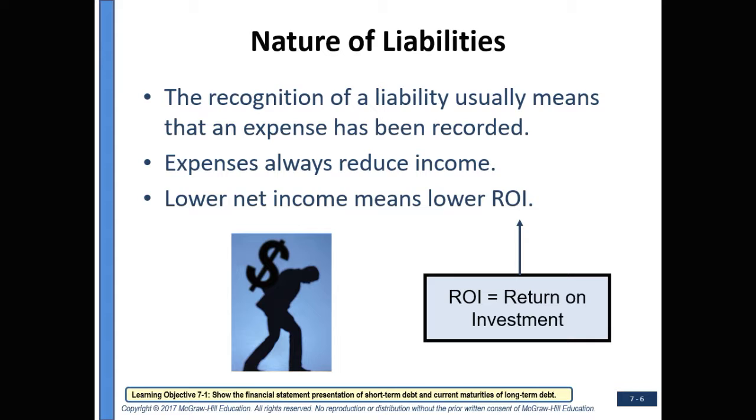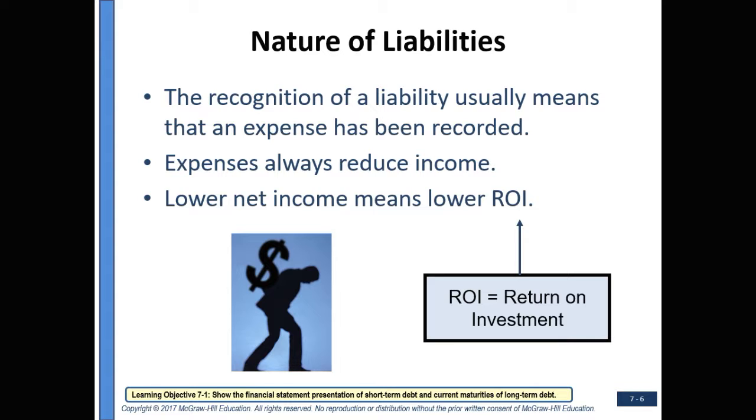The recognition, meaning that we have actually recorded a liability on the books, typically means that there has been an expense recorded at some point already. Expenses always reduce your income. That is the nature of an expense.